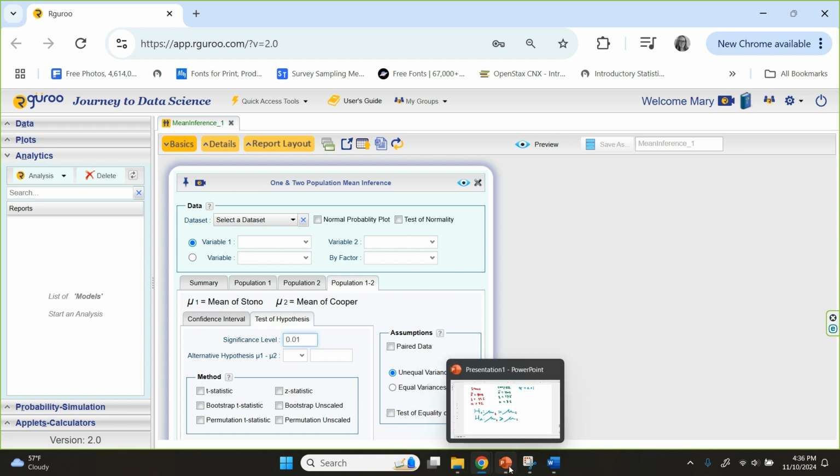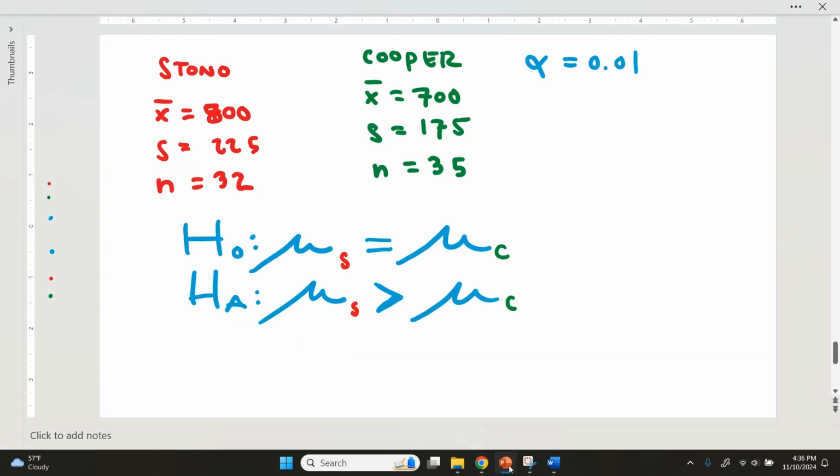And one thing I do want to mention, this looks a little awkward. Let's go back to the slides. Now, what's happening here is that oftentimes they'll write the hypothesis statements with both means on the left side of the inequality. So if I were to subtract the mean for Cooper from both sides, another way to write the second hypothesis statement, our alternative hypothesis statement, is like this.